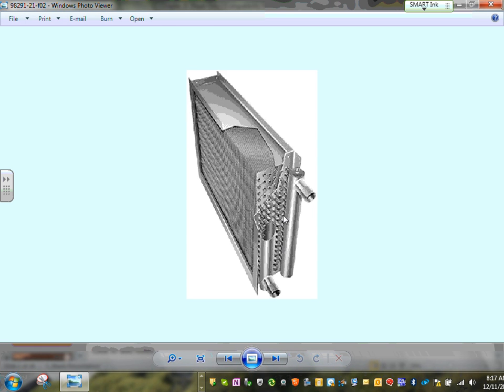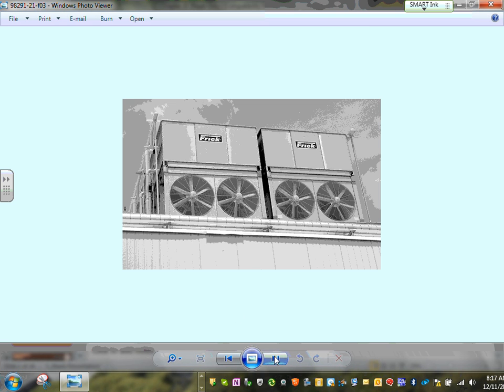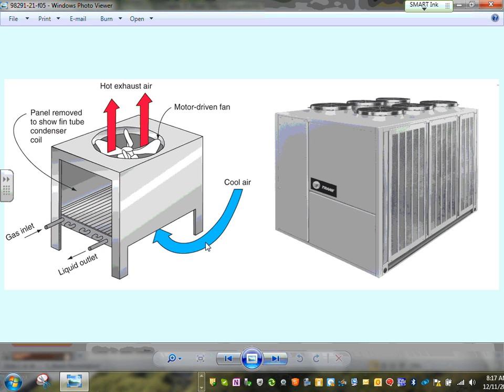Here's the coil that they talk about. These are not electrical coils, guys. They're mechanical coils, so the water or the refrigerant comes in and out of these coils. Rooftop units. Here are typical rooftop units. They use them for commercial buildings. You see them all the time. They have the compressor and the condenser outside typically. So here's an example, guys, where the gas inlet comes in and the liquid comes out.